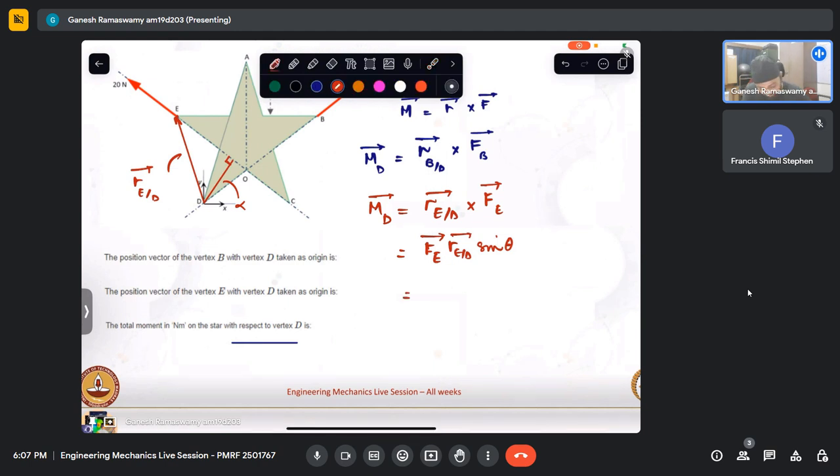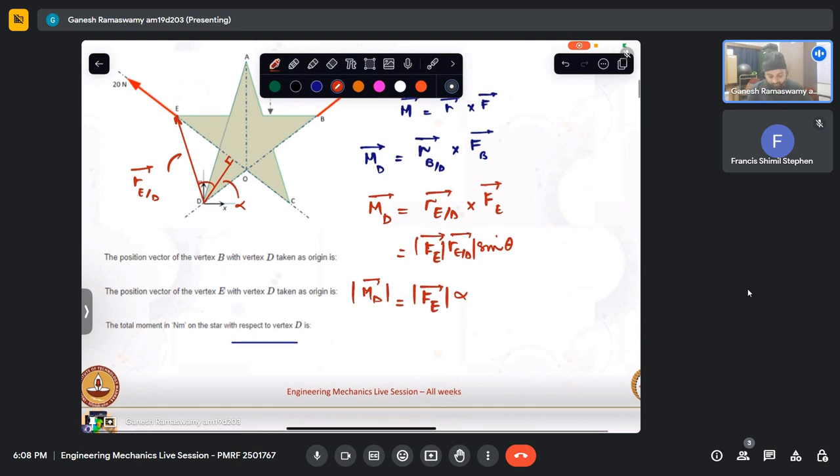If this is theta, R sine theta is nothing but alpha. All these are magnitudes, by the way. This will be my moment magnitude.